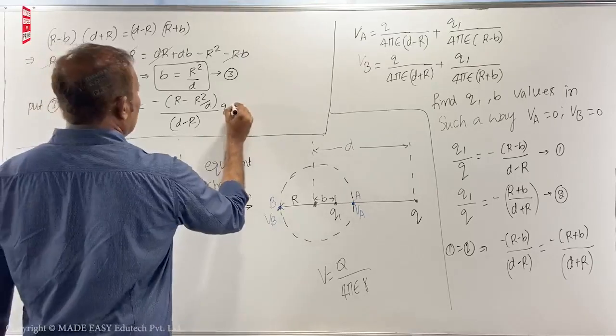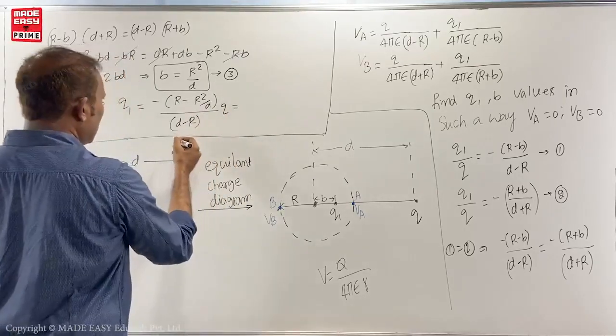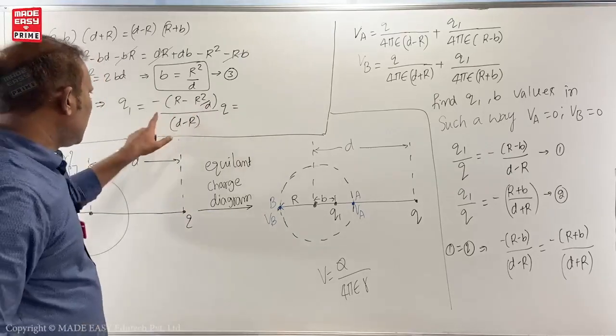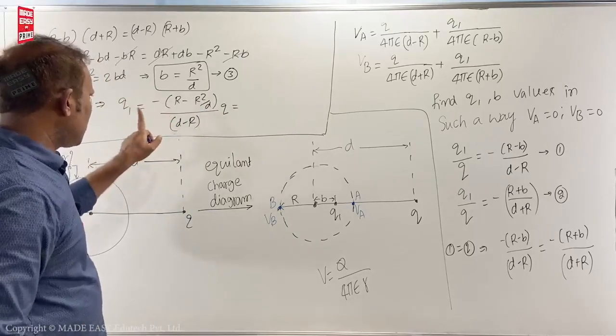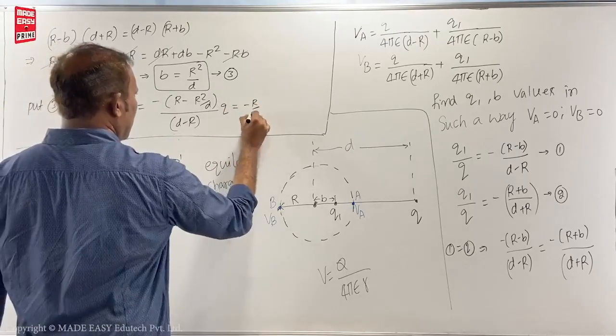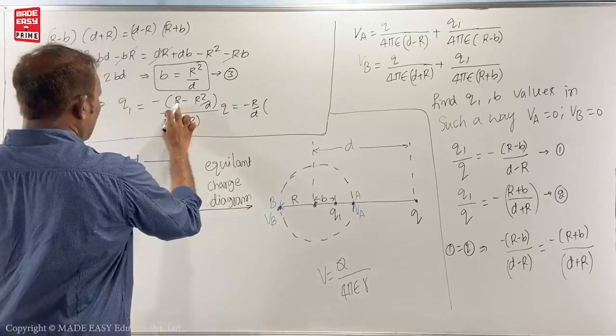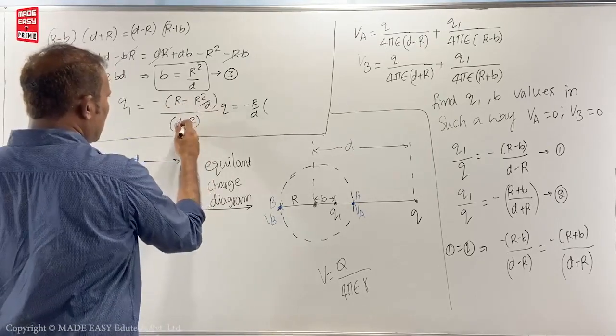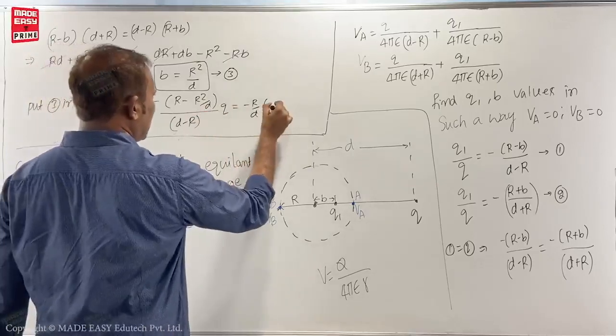So something is cancelled now here. D comes here, r also comes here, so r by d outside, so minus r by d. Okay, r common, d common. Then here d minus r cancels. This much only you get for q.